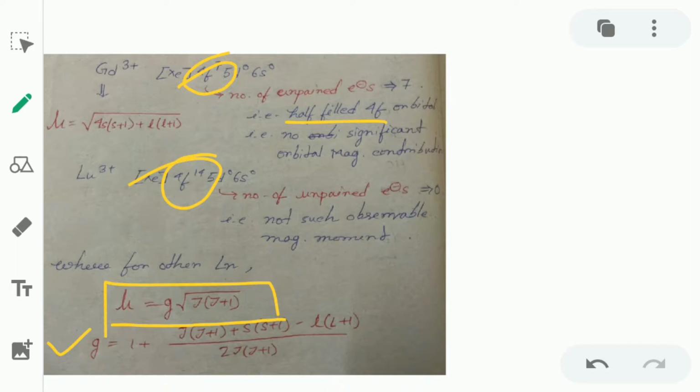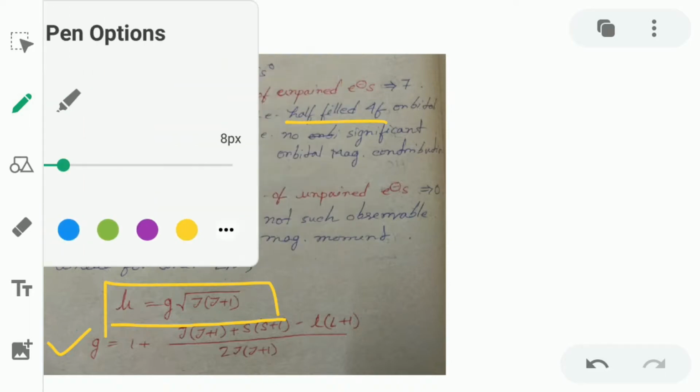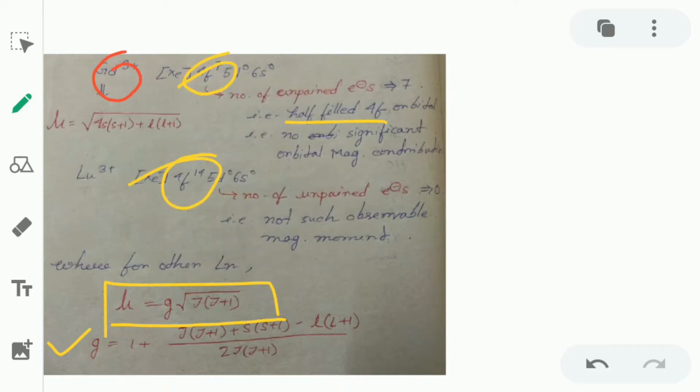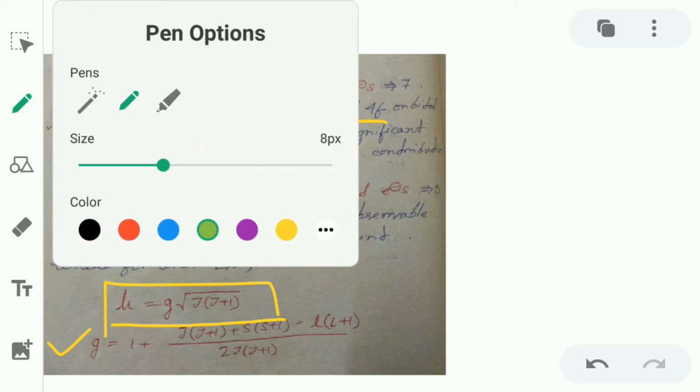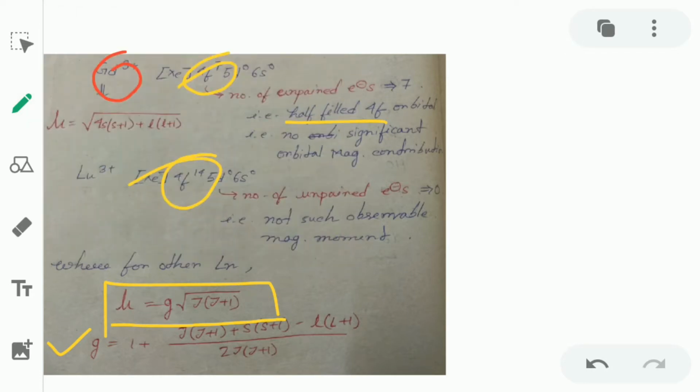There is an exception in case of gadolinium 3 plus, and its effective magnetic moment is calculated by the expression mu equal to root over 4s into s plus 1 plus l into l plus 1.